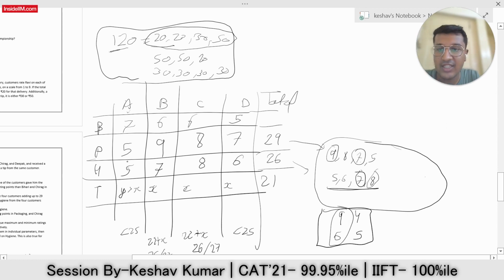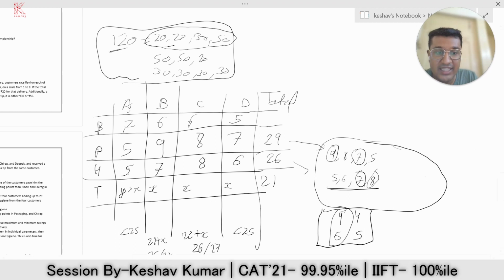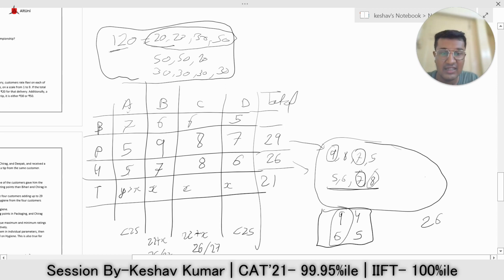Now the sum of Atal's rating is 7 plus 5 plus 5, which is 17. Can Atal's rating in timeliness be 9? No, because that will make his sum as 26 and I know the sum is less than 25. So Atal's rating must be 6 in timeliness and that means x is 5.